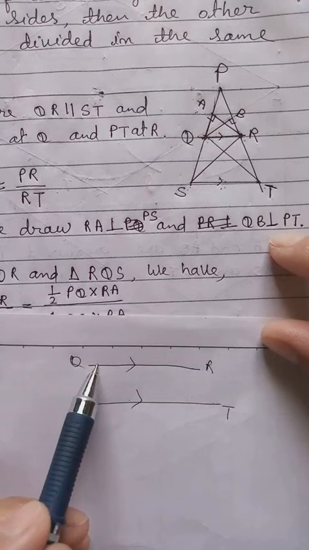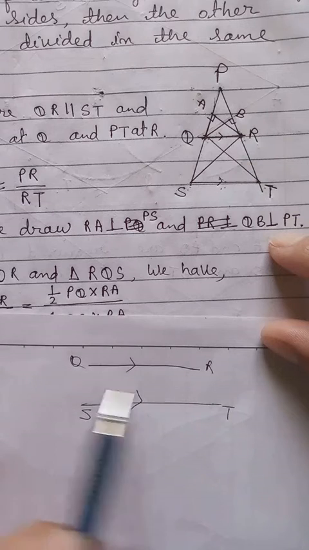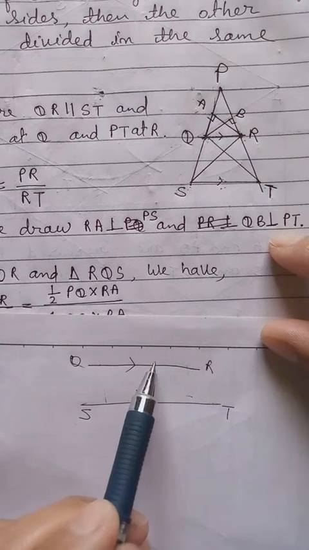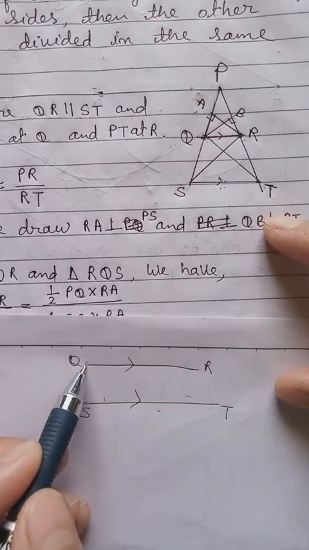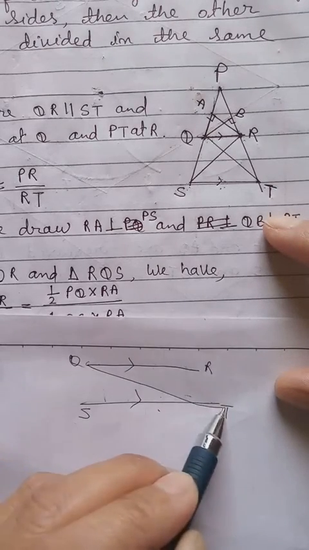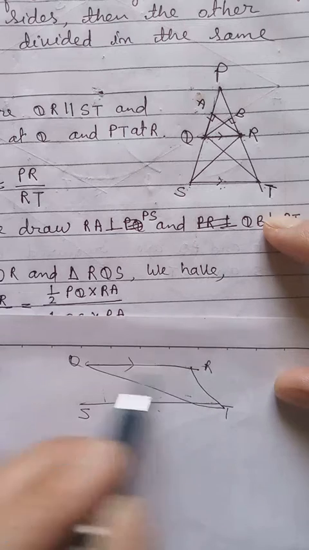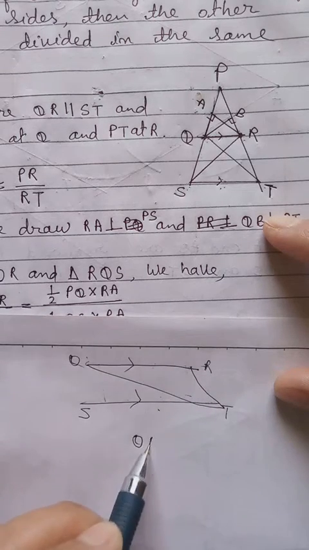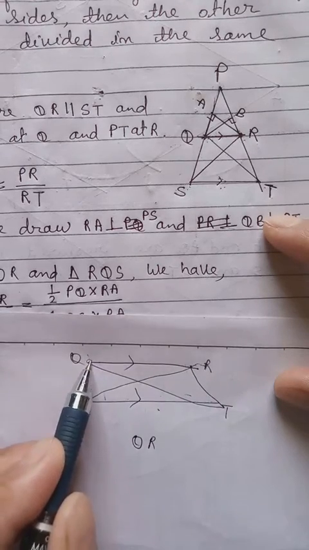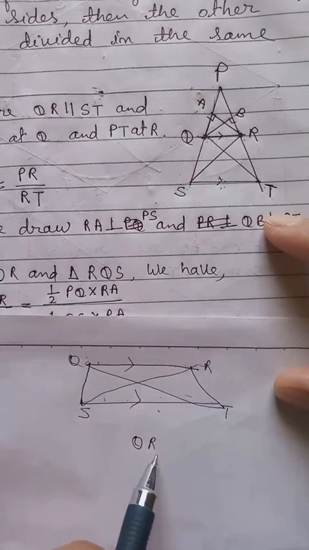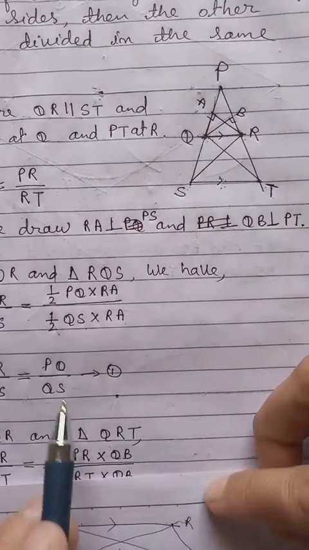So if they are parallel, remember the distance between the parallel lines, they are equal. So that means the height will be same. Then if you see this one, we have QRT, we have this one QR. And then we have QRS if you see from here. So they have the same base QR from the name itself.